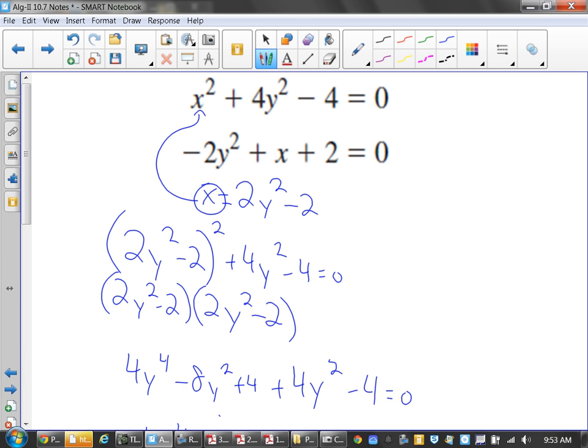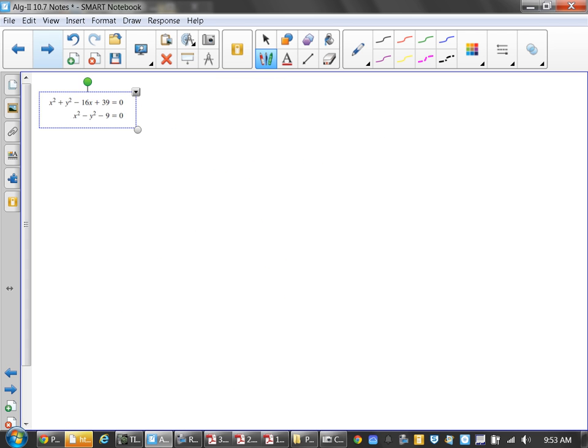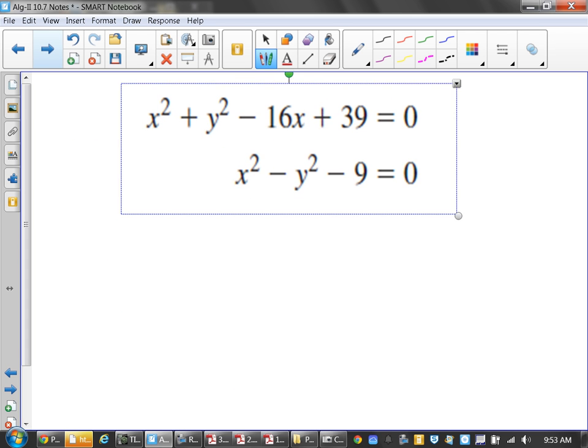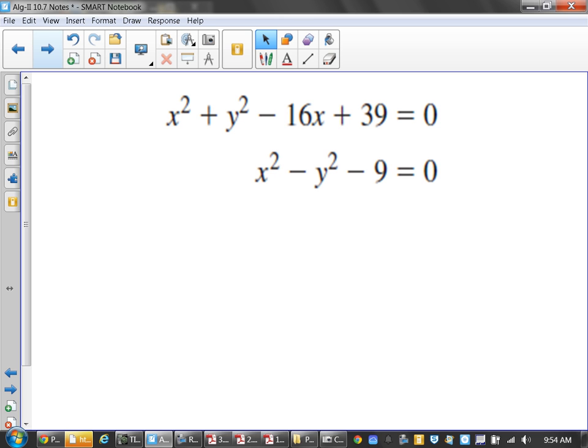Okay. Do you see how it is very similar to what you guys did with linear combinations a year or so ago? Just throwing the quadratics in. Take a look at this method. Sometimes they're easier than others. Sometimes they're an extra step than others.